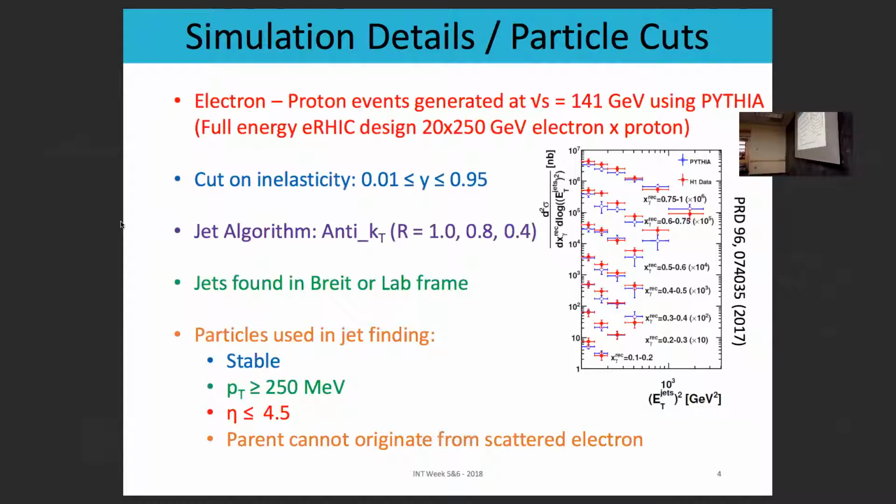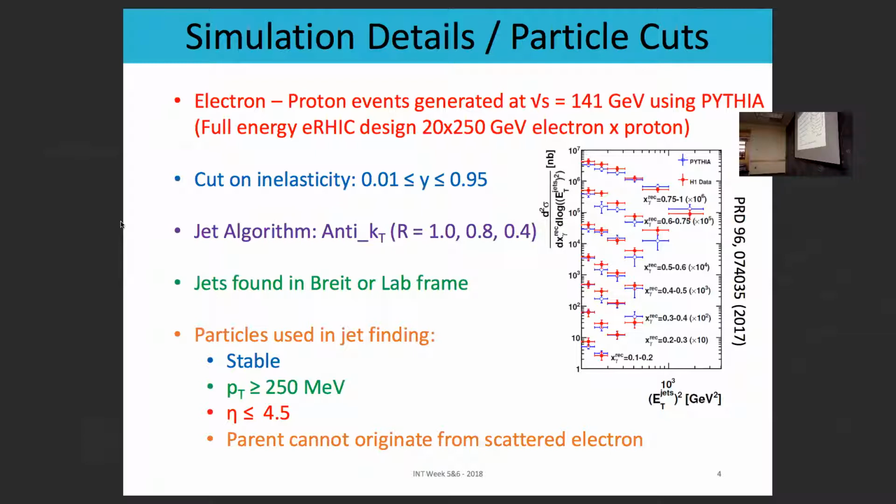Some details about the simulation. So again, what I'll show today is electron-proton events generated at the maximum energy. So this would be 20 on 250 electron on proton. Of course, with heavy ions, we can't get up to 250. I'll make some comments about that.